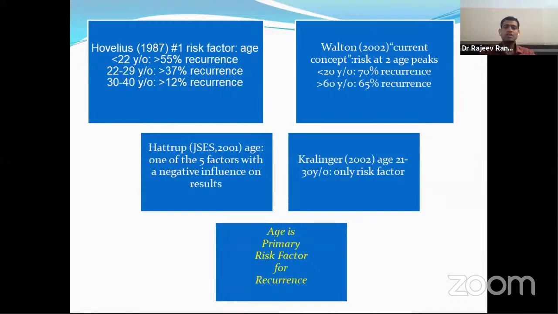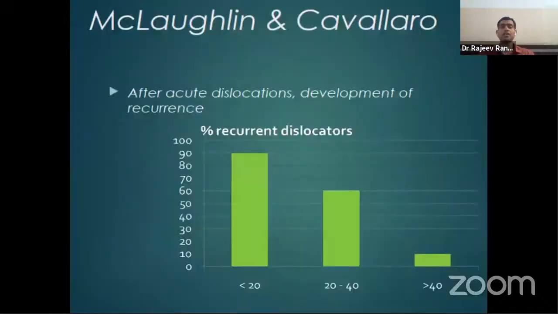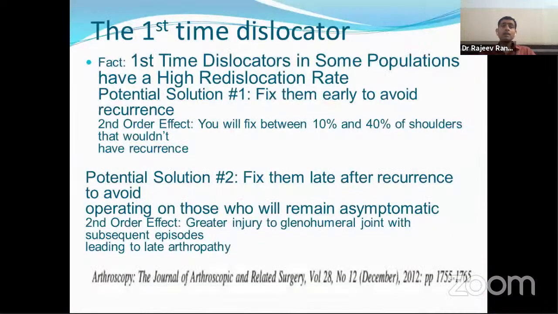All these 4 studies favor age as the primary risk factor for recurrent instability. If the age is less than 20, then almost 90% chance of recurrent dislocation is present in such patients. And there are pros and cons of that.